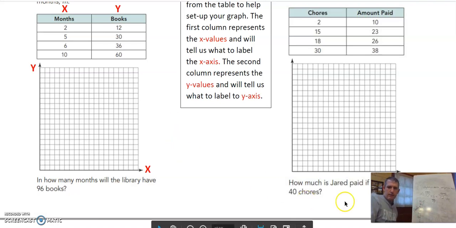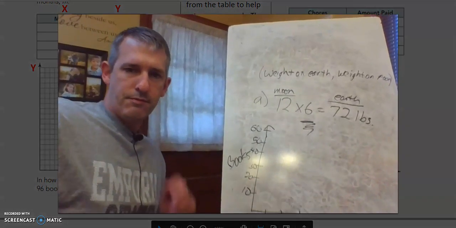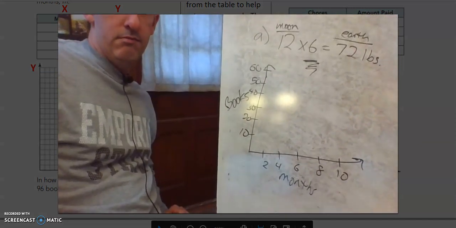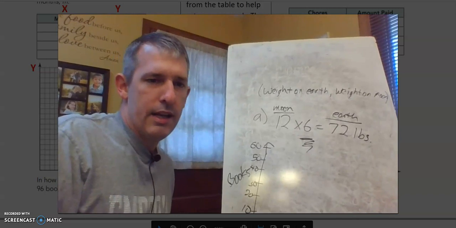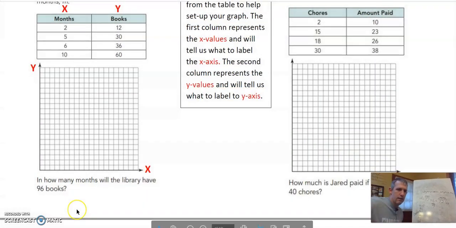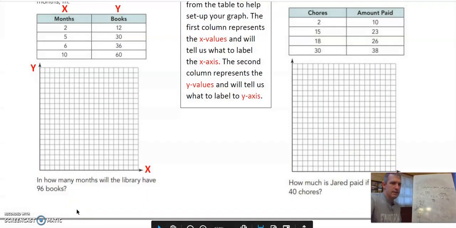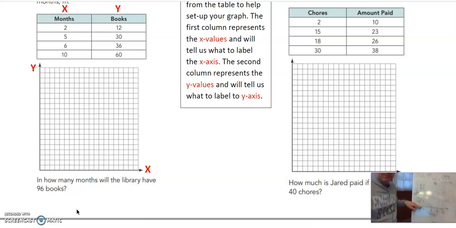All right. Kind of let you see what I'm thinking here. Now, I need to look here. It says at 2 months, I have read 12 books. So I'm going to put it about right there. And then after 5 months, I have read 30 books.